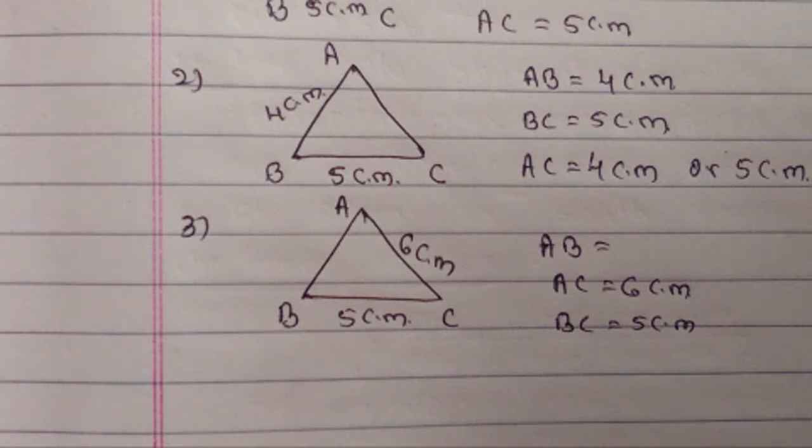If ABC is a scalene triangle, then what may be the value of AB? Comment your answer fast. 4 centimeters, 7 centimeters. Any other answers?